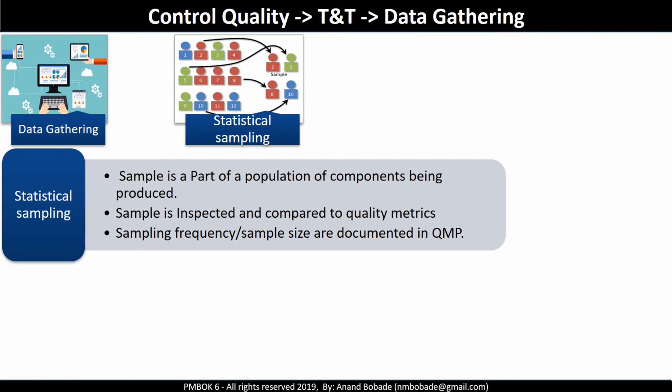So this is where you take a part of a population of those components which are produced as a result of a process or acquired from a vendor, whichever the case, and the sample is inspected, measured and compared to the quality metrics to verify the quality. The sampling frequency and the size of the sample are agreed during quality planning in the quality management plan.